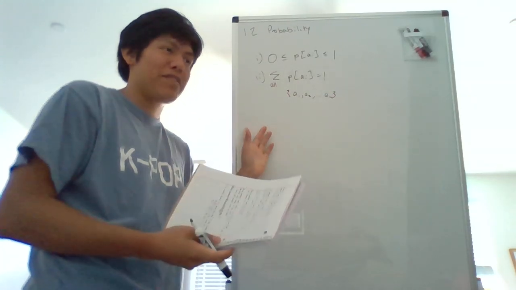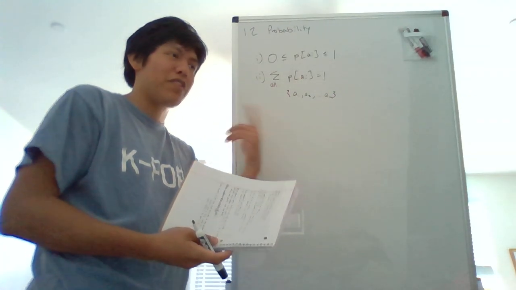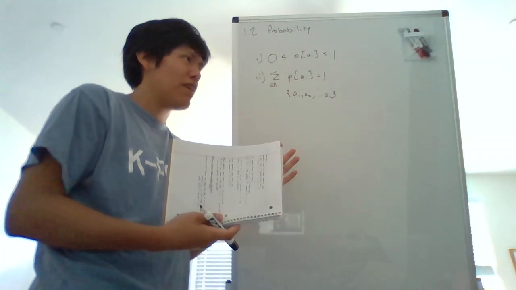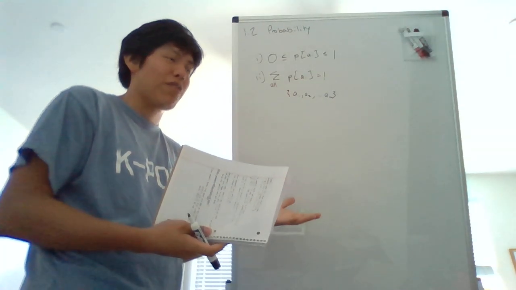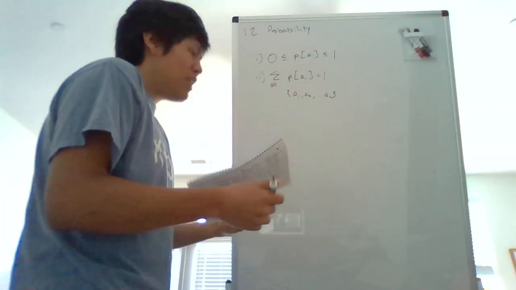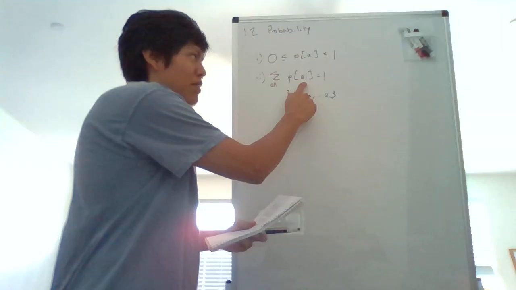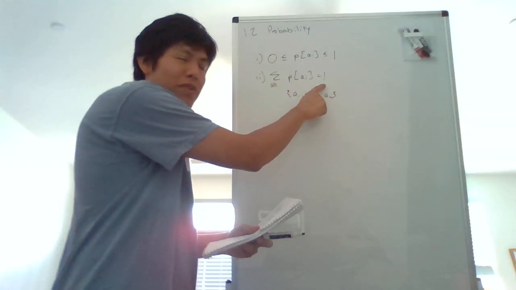It just depends on the problem whether you're going to 100 or 1, but it can't be greater than 1 or greater than 100. So again, the summation of all probabilities has to equal 1. That's what this is saying.